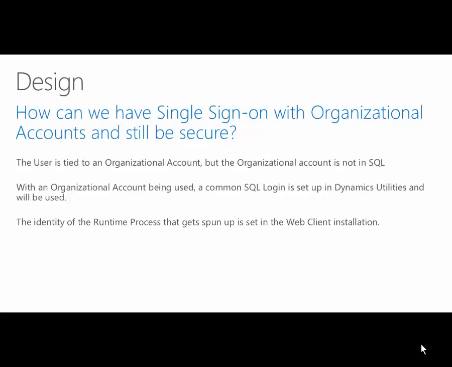And lastly, the identity on the runtime process that gets spun up is set during the web client install. We'll take a peek at that when we discuss the installation itself. So in reality, the org account is tied to a GP user. That GP user's SQL login is not used in any way. The common login that you set up in utilities is used, and when the service is spun up for the runtime process, it's using an account that you set up in web client.